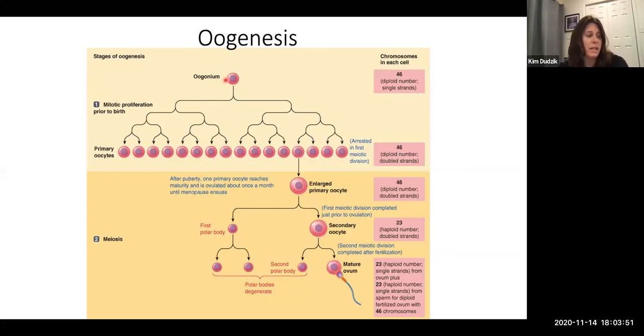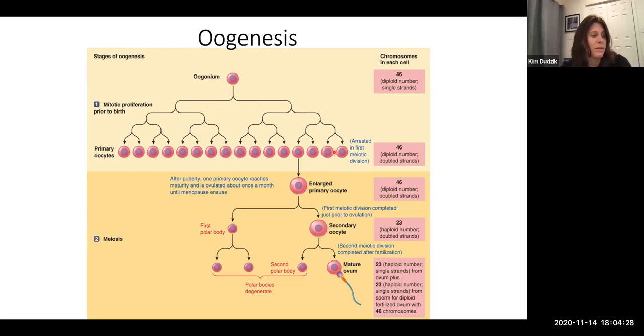They divide mitotically and give rise to 6 to 7 million oogonia by the 5th month of her own gestation. So when she is just 5 months in the womb, she's producing about 6 to 7 million oogonia. This is the mitotic proliferation.